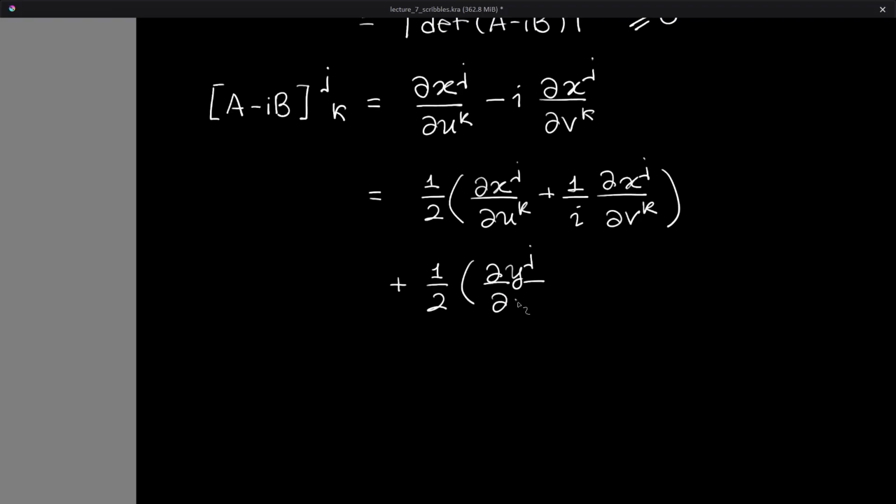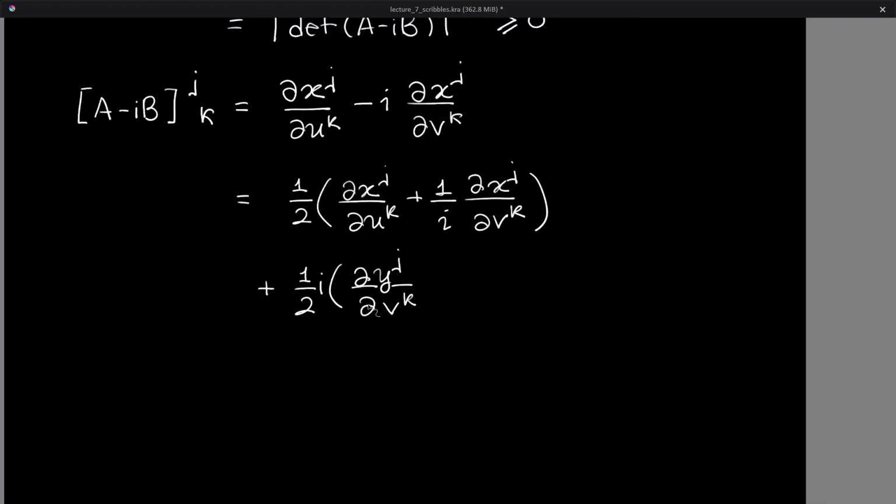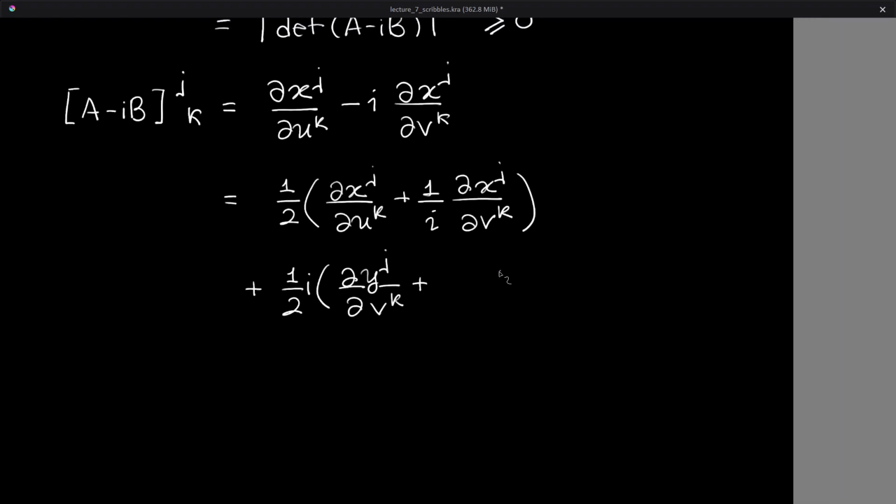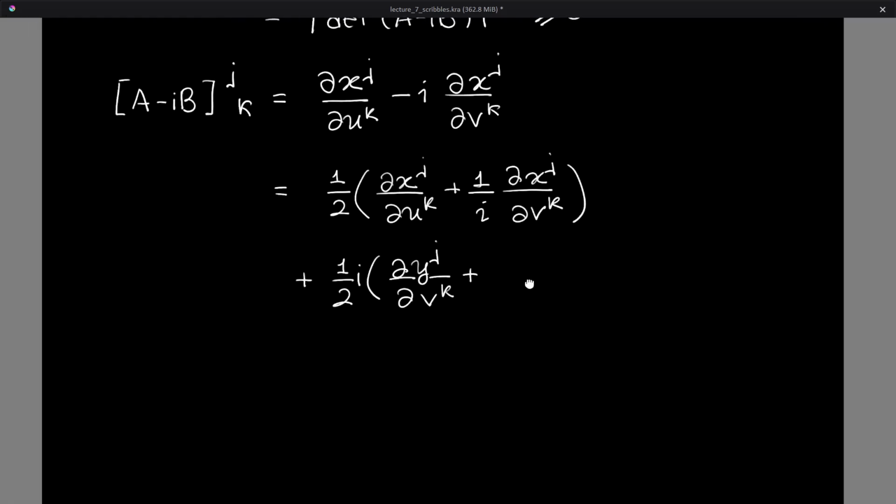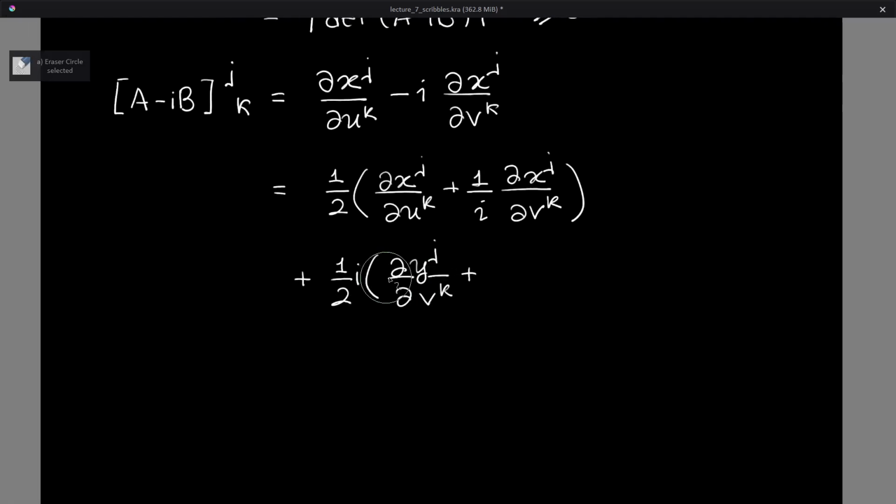Partial v_k. We need an i out in front so that works out. Okay, let's not do that first of all. So let's just say this, and then we're going to get a minus sign over here, minus 1 over i partial y_j partial u_k, and we're going to need to take an i out of these. So then we get i over 2, and then we swap the places of these, right?